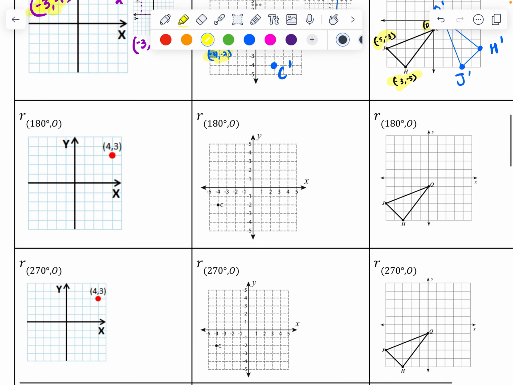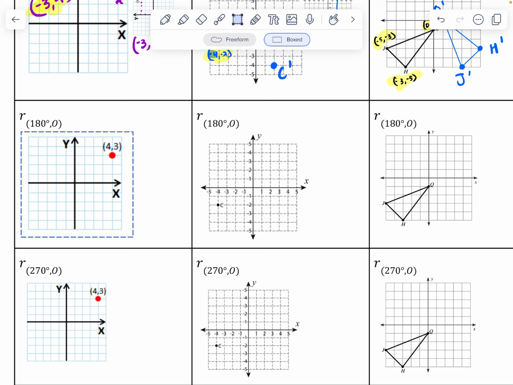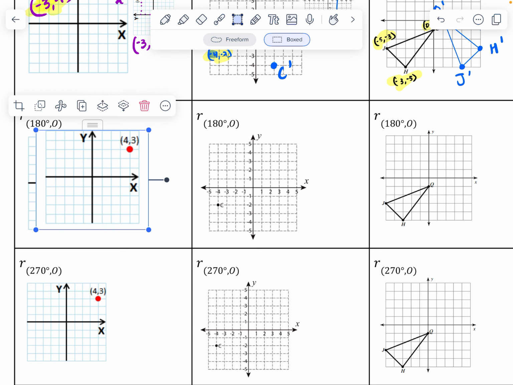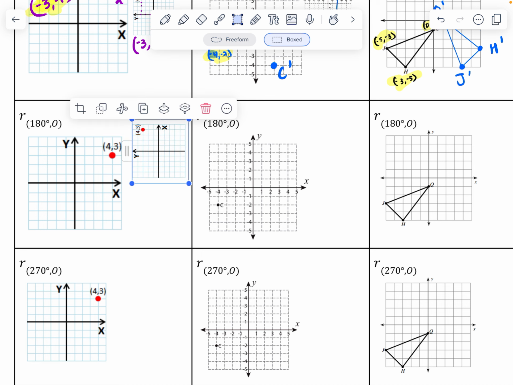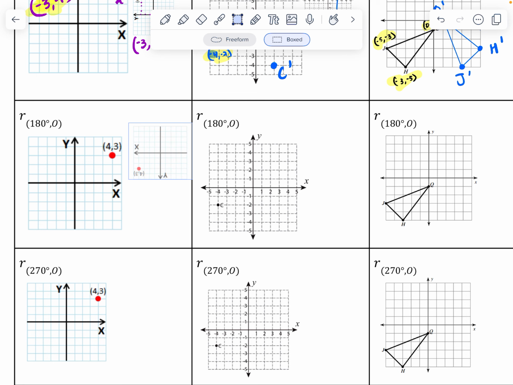All right, let's do it again, but this time we are rotating 180 degrees. Copy, paste. Okay, that was only a 90-degree rotation. Let's go again. Now I have a 180-degree rotation.